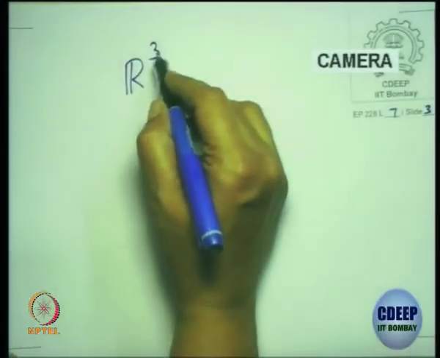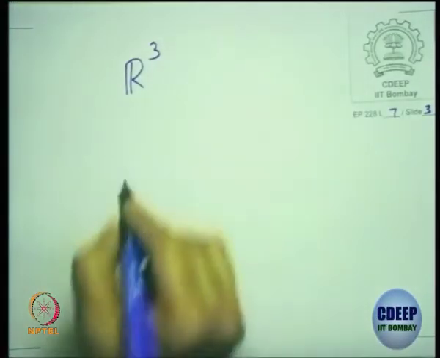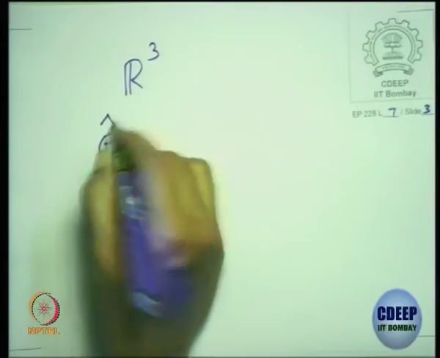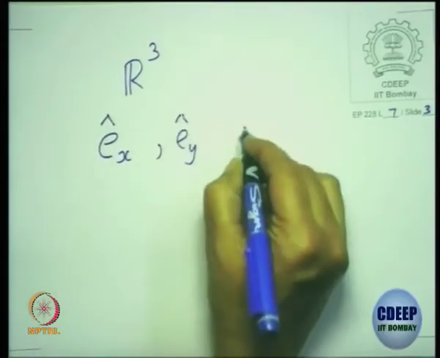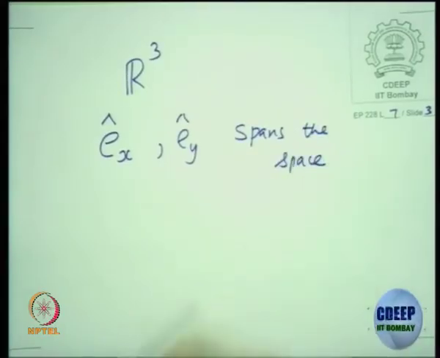Okay. Suppose we take the same familiar R3. This 3-dimensional space is sometimes called R3. R3 is a notation where this 3 denotes x, y and z axis. Okay. So here you could try to say that your familiar unit vectors Ex, Ey span the space. Is that right?